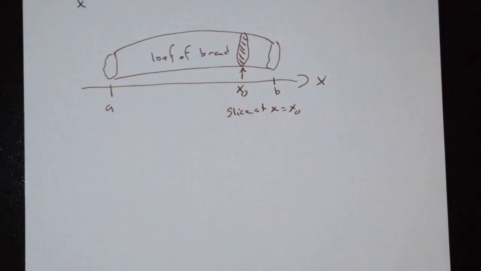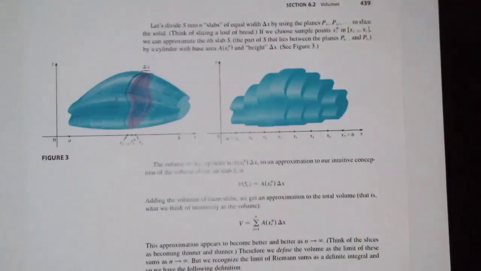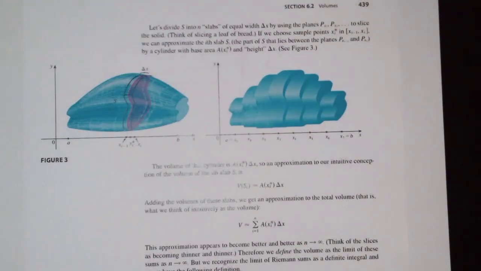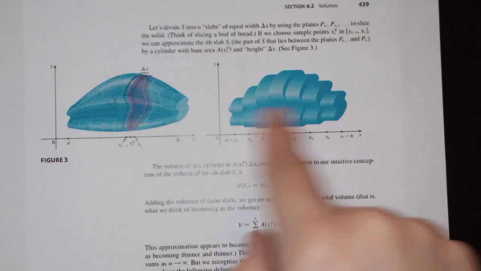Best things in sliced bread, I slice up my bread, and I can picture a whole bunch of slices just stuck together. But each slice has a thickness and some area that corresponds to where I was along the loaf when I made that slice, right? So here I made fairly thick slices.